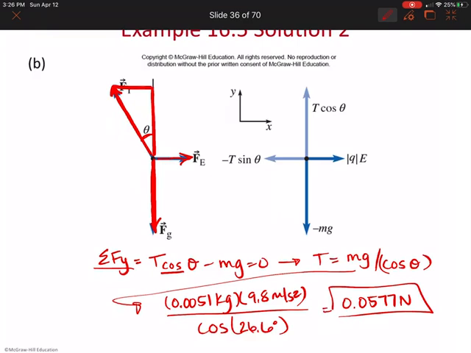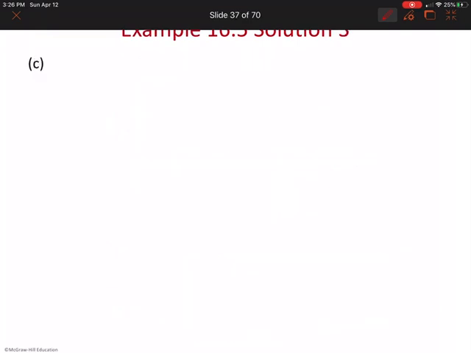Now the last question that it asks us to find is the charge. Okay, so part C is actually asking us to figure out the charge. So that means that we are going to have to, in fact, figure out that whole x direction situation. Okay, so we've got the sum of forces in the x is equal to the q times the electric field. Now, did it give us the electric field?